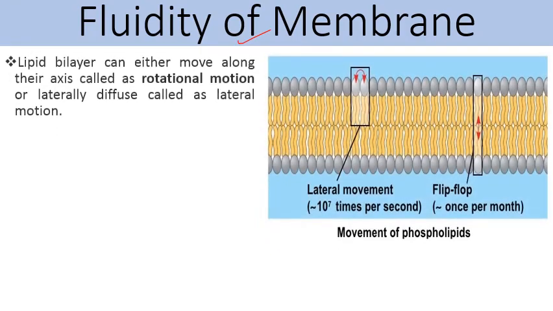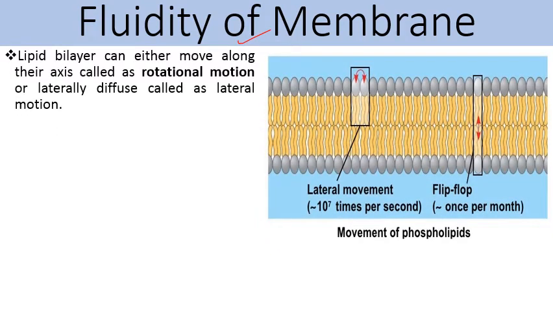Next comes fluidity of membrane. So this dynamic nature of a membrane is due to the movement of these lipid molecules either along the axis of the lipid bilayer or in lateral position. So lipids can either move along their axis, या तो ये अपनी axis पे move कर सकते हैं, from this axis to this one, and this is called rotational movement, or we can say flip-flop movement.